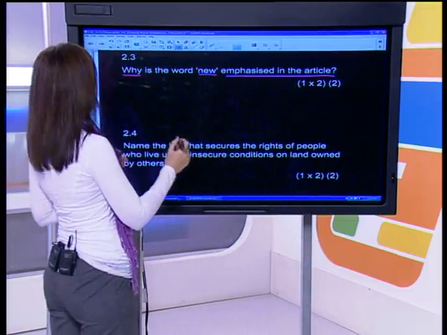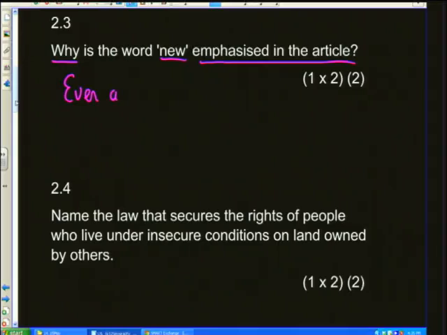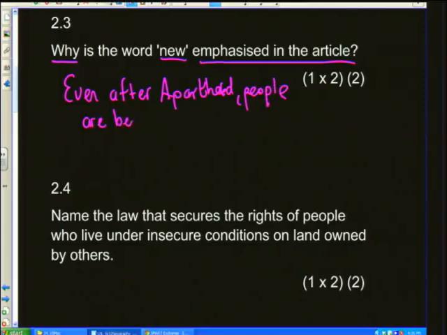Let's write something down here. So even after apartheid, people are still being denied access or denied the right to satisfy their needs.